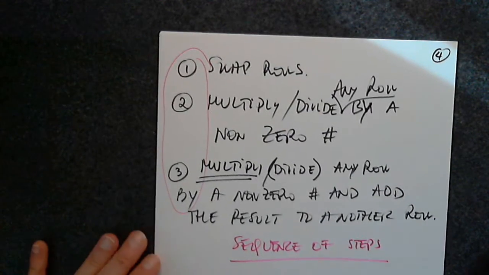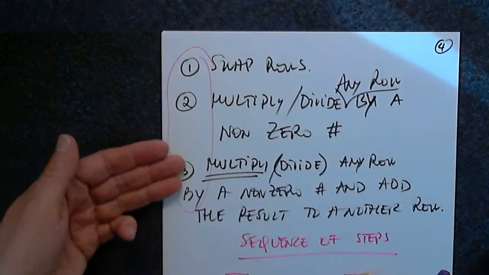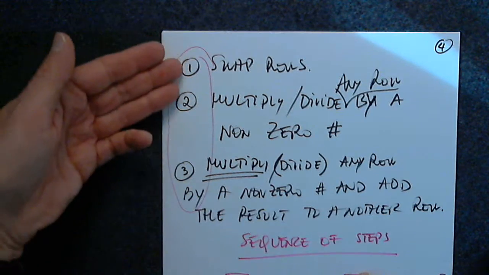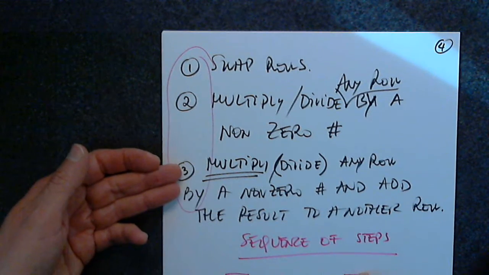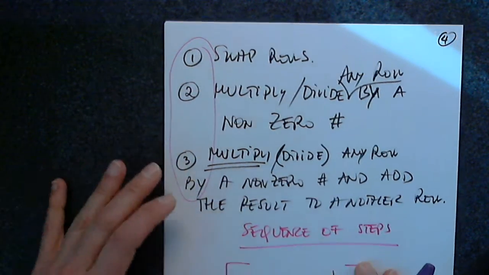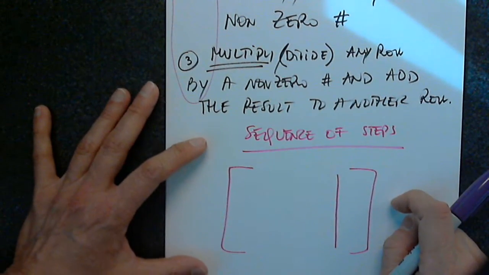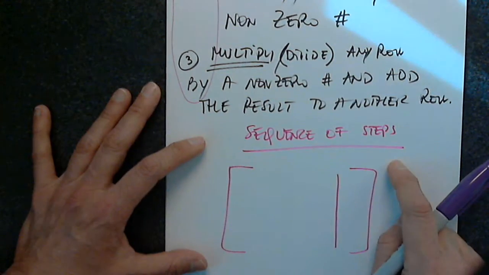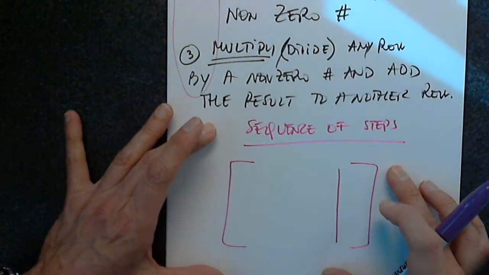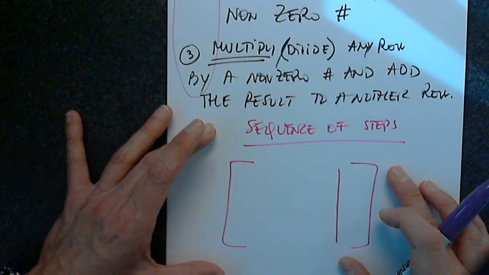I can use these operations in any order I need to, as long as I accomplish the sequence of steps that no one can deviate from. The sequence of steps that I'm going to present, no one can deviate from.